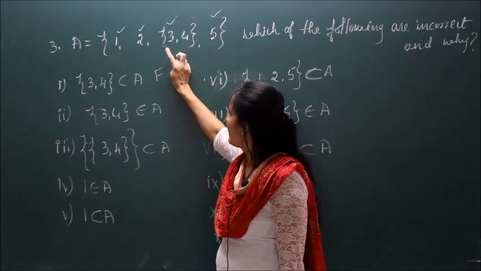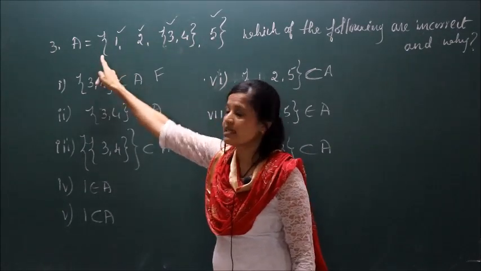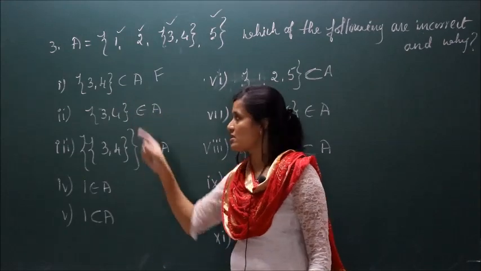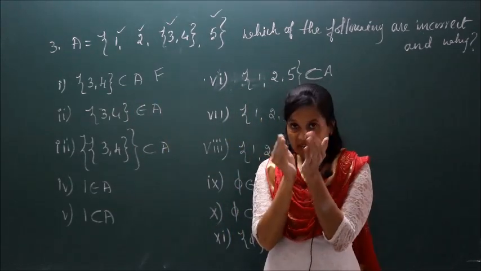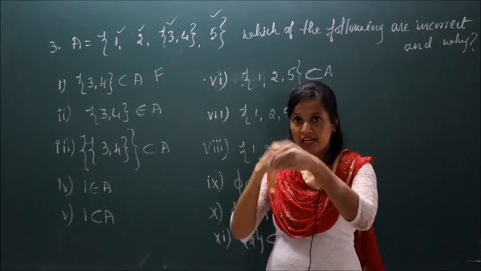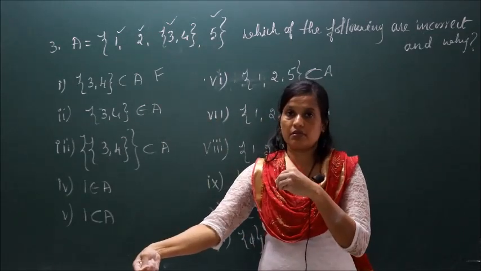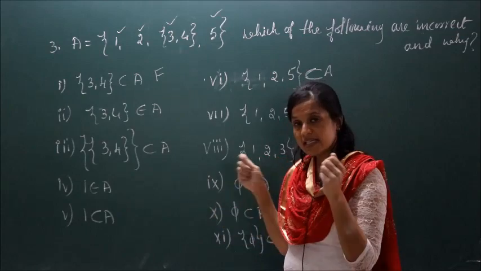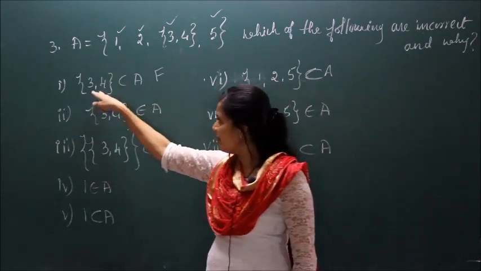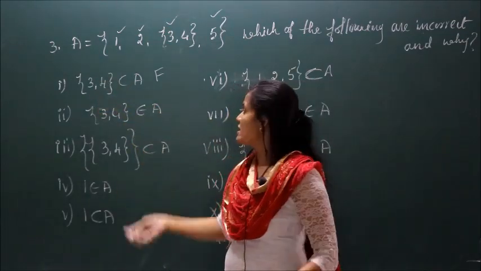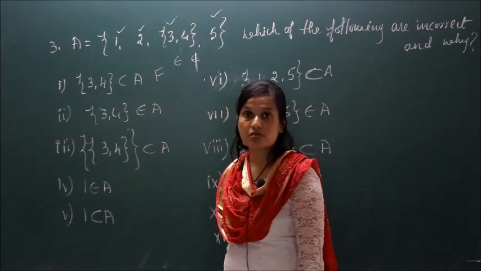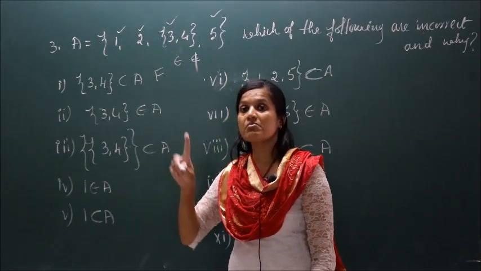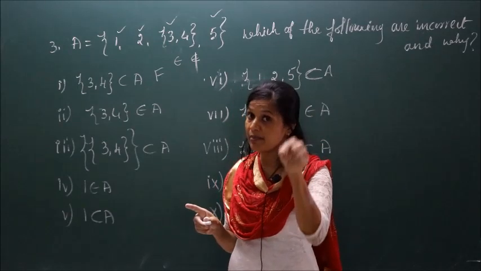It is an element of set A. The subset symbol comes when a set is contained in another set. That is subset. But this is an element. Whenever an element comes, you have to use a symbol, either belongs or does not belong. These are the two symbols I get when it is the case of an element.